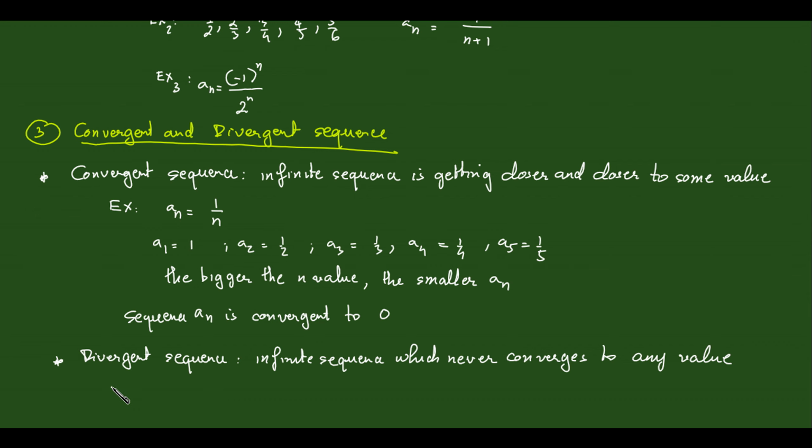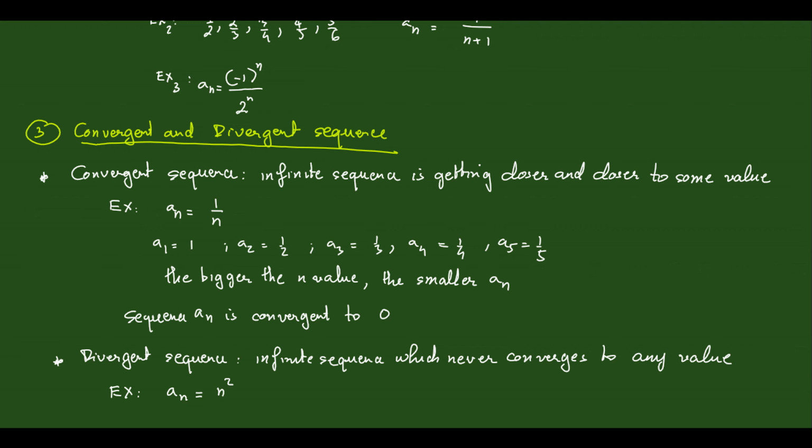Alright, I can give you a typical example of what a divergence sequence looks like. For example, a sub n equal to n squared. Look at that, it's getting bigger and bigger. If n equals 5, then it will be 5 squared, which is 25. If n equals 100, then it will be 100 squared. If n is 1000, it will be 1000 squared. You see, the bigger the n value, the bigger the a sub n.